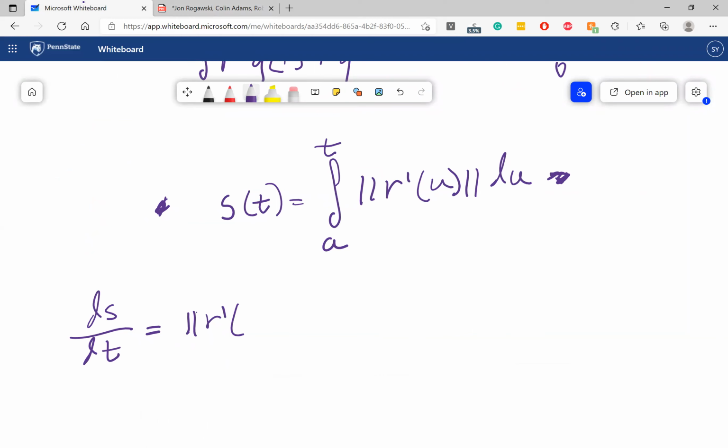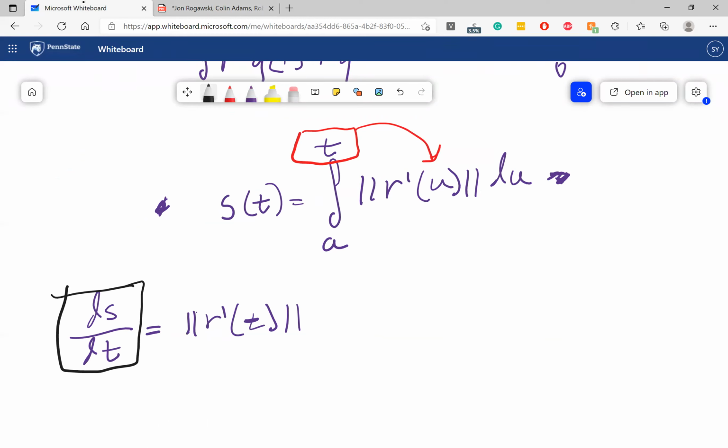Okay. So now when you take the derivative of s with respect to t, the t up here just goes into every place that you see a u in your r prime of t. So this just becomes the magnitude of r prime of t. So what does this side mean? This side represents the change of your arc length with respect to t, which is just velocity.